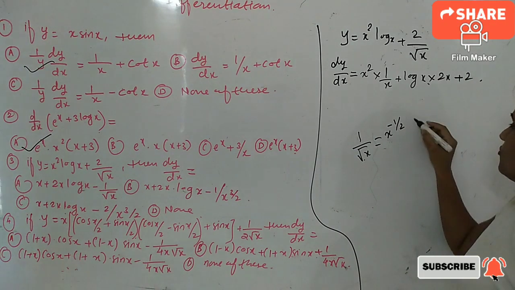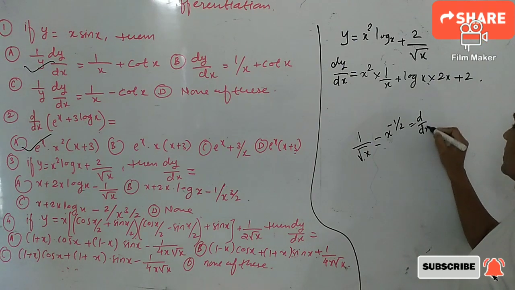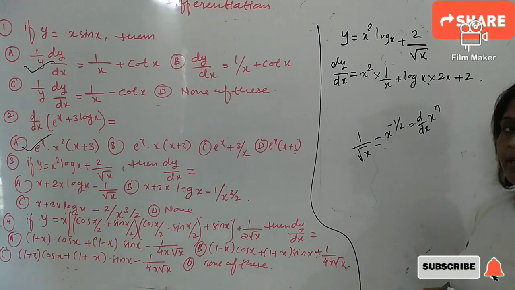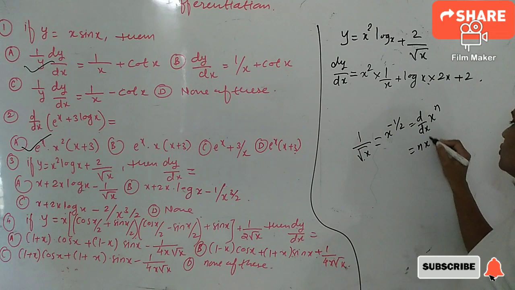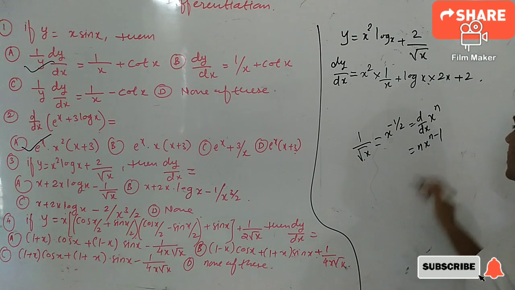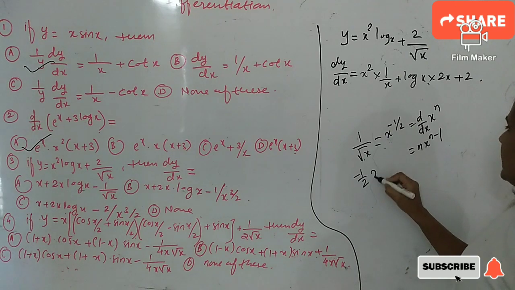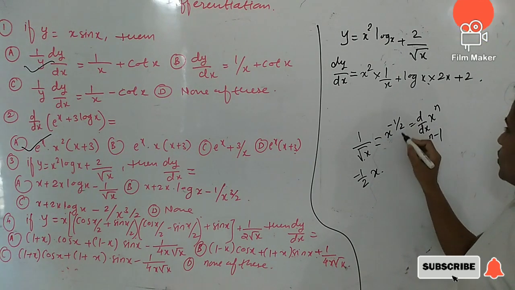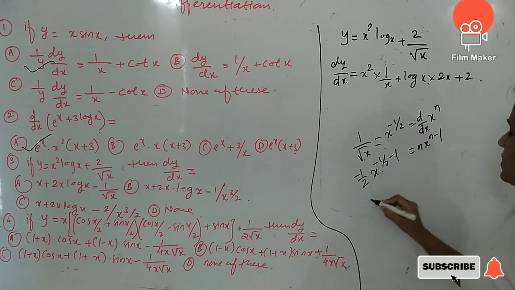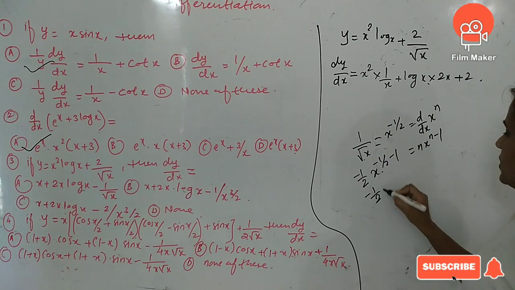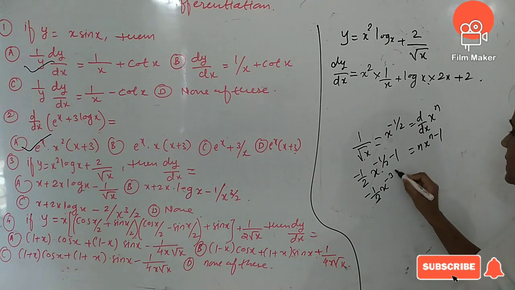So I can use here the formula to differentiate that d dx of x to the power n has the derivative n into x to the power n minus 1. So here n value is minus 1 by 2, x to the power n minus 1, so n value is minus 1 by 2 minus 1, so total derivative is minus 1 by 2 x to the power minus 3 by 2.